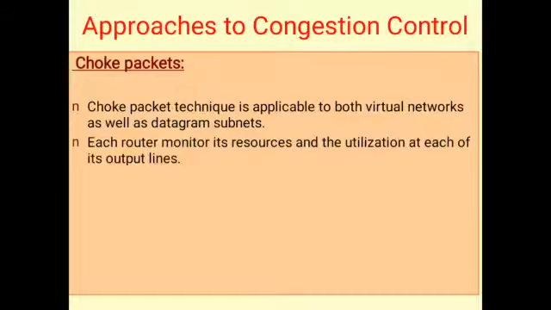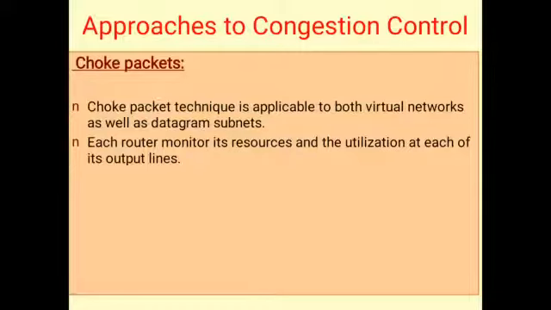Each router monitors its resources and the utilization at each of its output lines. How are these choke packets generated? We have n different routers, and each and every router monitors, meaning regularly observes, its resources and utilization, because congestion occurs when the load is high and the resources are low.